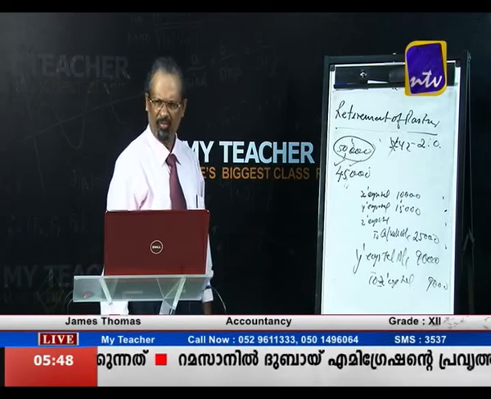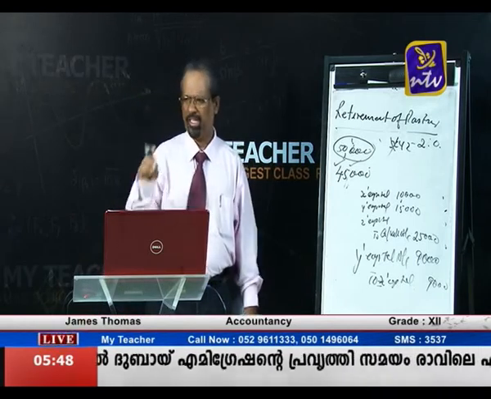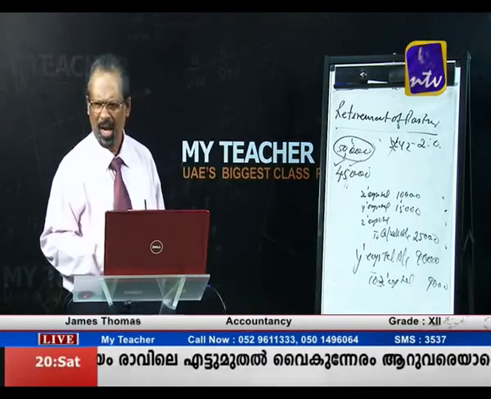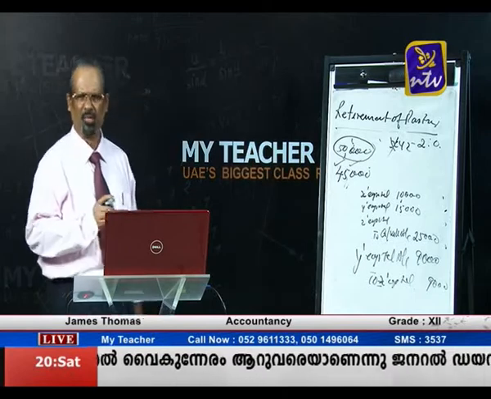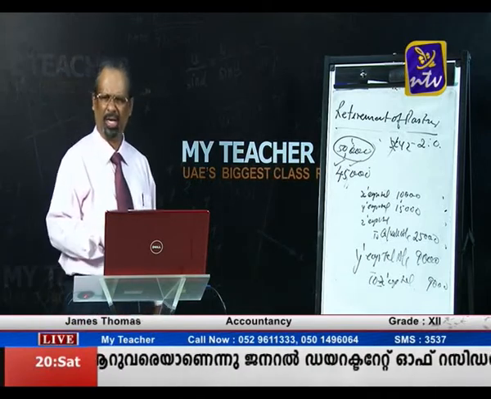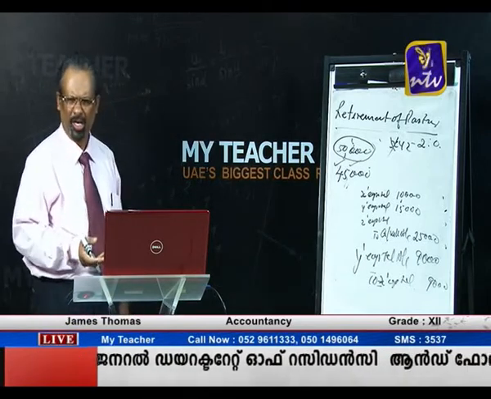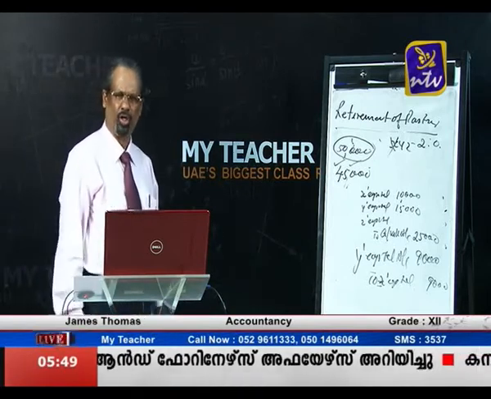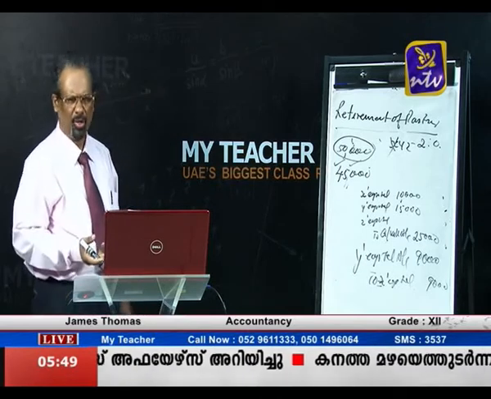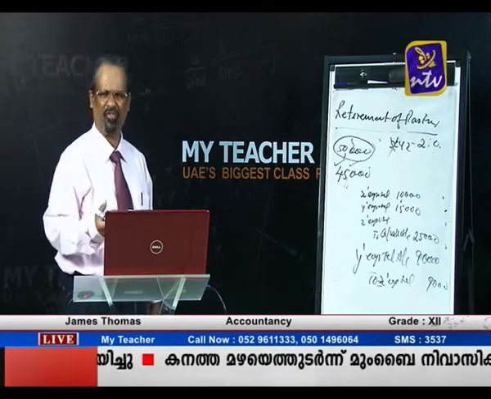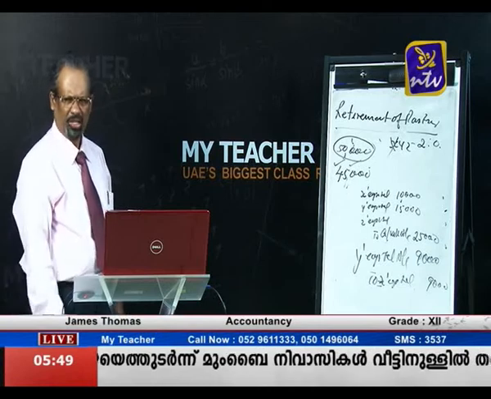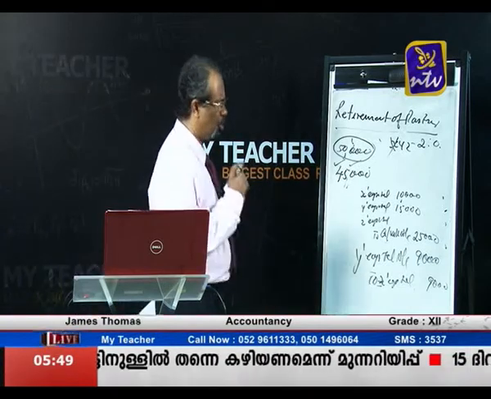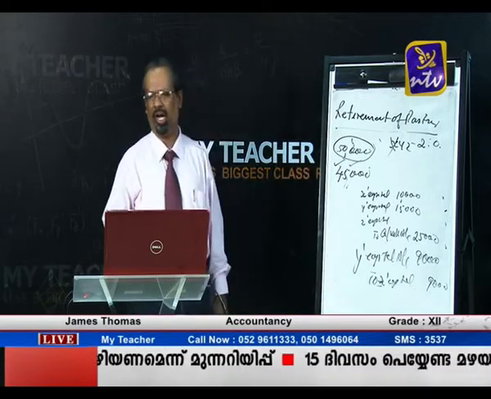Now you can see one by one. So the next chapter is retirement of a partner. At the time of retirement of a partner, what are the problems faced by the existing partners? It is just like admission, only one or two points are extra. The first point is we find out the new ratio, and simultaneously the gaining ratio. The second point is the treatment of goodwill, where the retiring partner's goodwill is adjusted by the other partners.